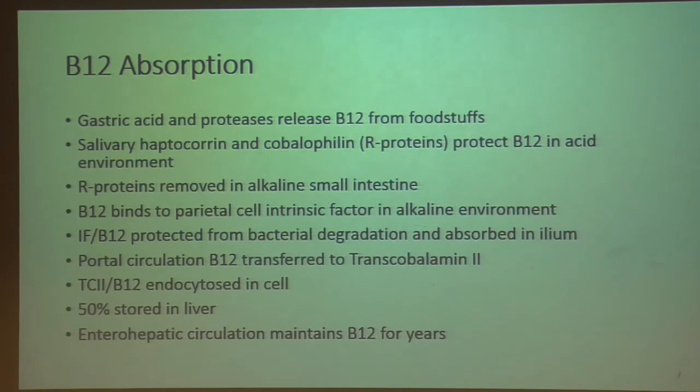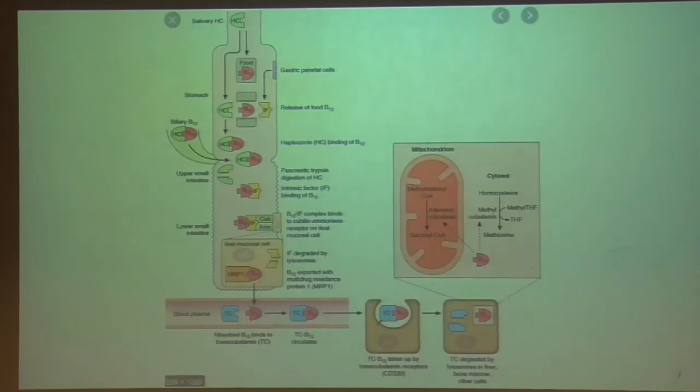One of the important teaching points here is that because of the enterohepatic circulation, if one had normal B12 levels and became a pure vegan and didn't eat any of the foods that I showed you, it would take a decade to become B12 deficient. So you don't become B12 deficient from a short-lived fad diet. That just doesn't happen. And this is a cartoon showing that.